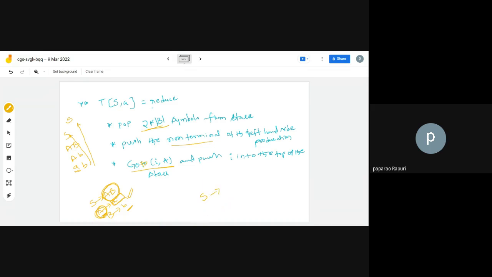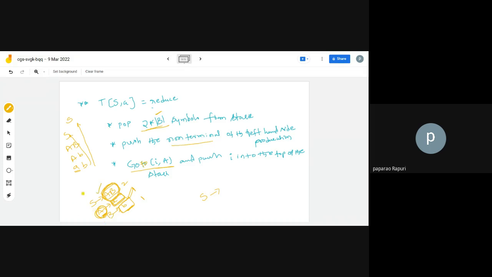Here the handle is a. What is the number of symbols here? Only 1. What is the number of symbols in this rightmost side? 2. So B means the number of symbols in the right hand side of the production.